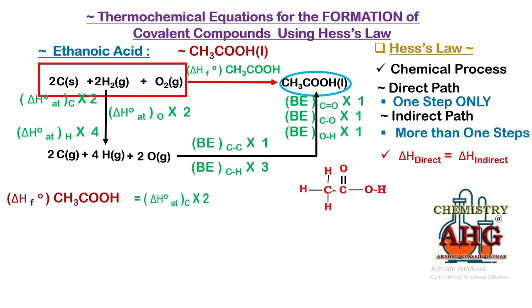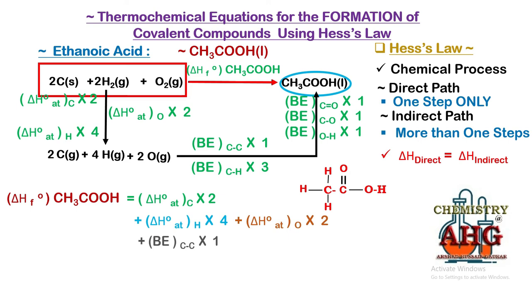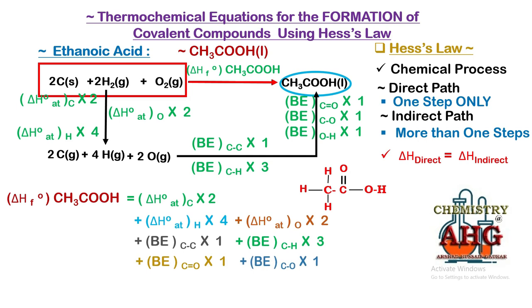It is equal to atomization of carbon multiplied by 2 plus atomization of hydrogen multiplied by 4 plus atomization of oxygen multiplied by 2 plus bond enthalpy of carbon-carbon bond plus bond enthalpy of carbon-hydrogen bond plus bond enthalpy of C double bond O plus bond enthalpy of C single bond O and the final bond enthalpy of OH bond.